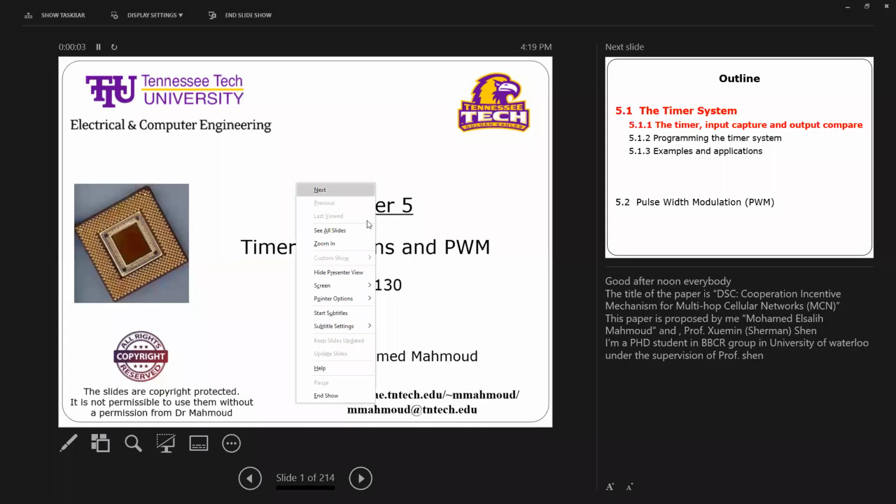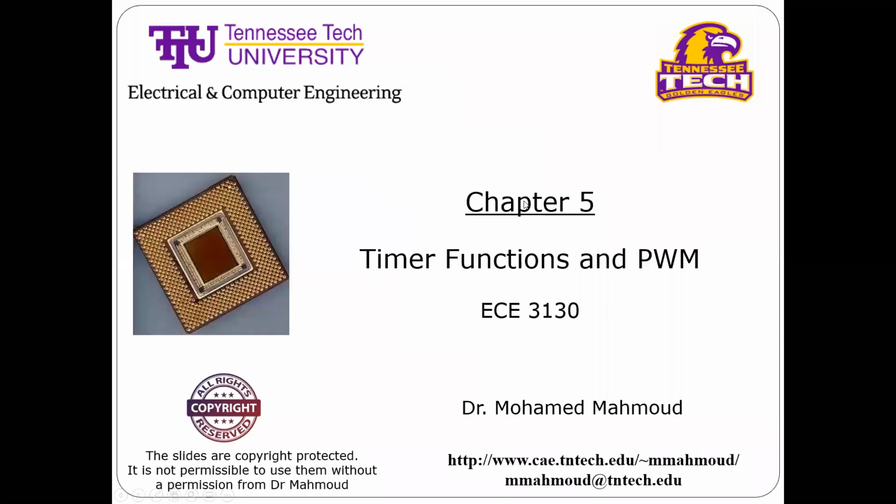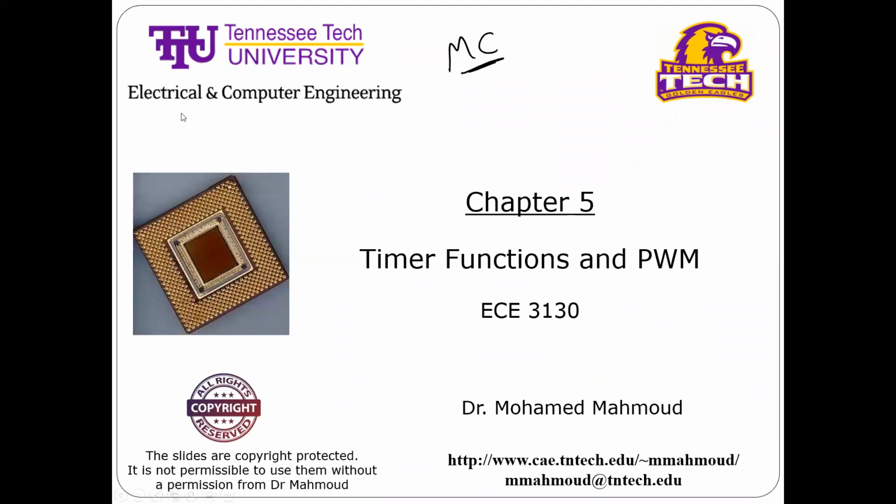So here, guys, I told you in the very beginning of this course, what is the difference between microcontroller and microprocessor? I told you the microcontroller is a system, right? Inside the microcontroller, it's a system. So it has a microprocessor, it has memory, it has other circuits. It has too many circuits.